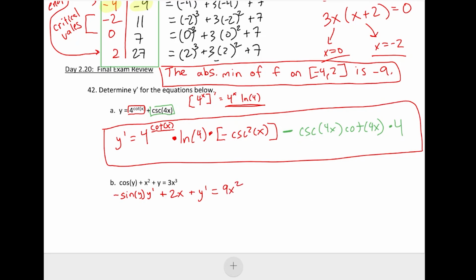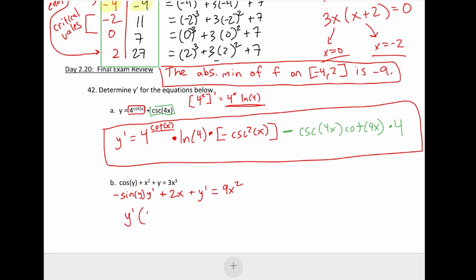And so now we're going to try to isolate y prime. So I'm going to leave the y primes on one side. I'm actually just going to do this in 2 steps since we've done quite a bit of implicit differentiation so far, and this is the last problem. I think we can handle it. I'm going to do the factoring along with it.